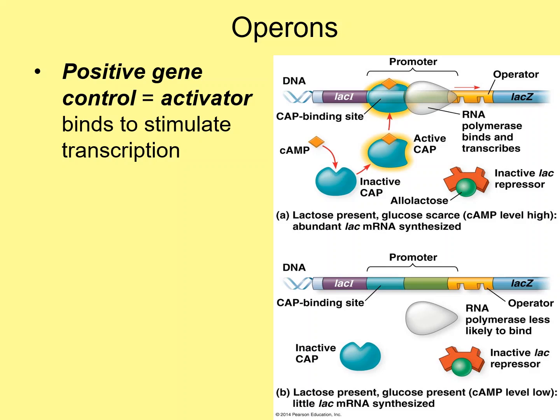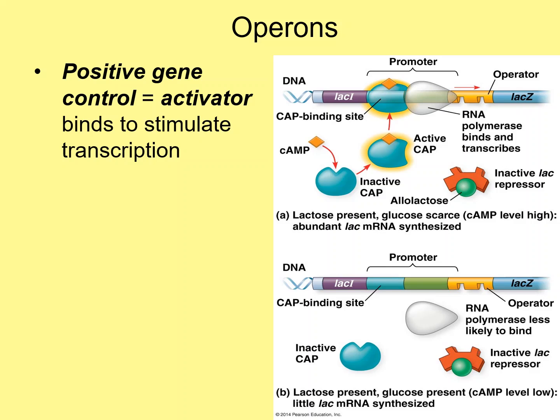Okay, so what do we want to do if we're a bacteria and we want to turn up transcription? We want to actually transcribe a gene, or an operon, more than once. What do we do? A very similar way to eukaryotes, we have molecules called activators.